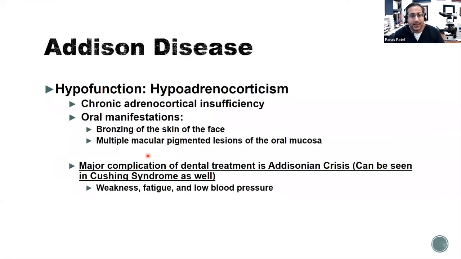So Addison's disease is hypoadrenocorticism, and it's chronic adrenocortical insufficiency in the Western world, typically a result of immune destruction. Okay, and it's more of an autoimmune process than it is infection. The oral manifestations, you can get multiple macular lesions in areas where there's just minor trauma. And the mechanism for this is that whenever you're insufficiently making the adrenocortical hormones, your pituitary gland instinctively, because it's a feedback loop, will start making more ACTH to stimulate the adrenal cortex to make these hormones.